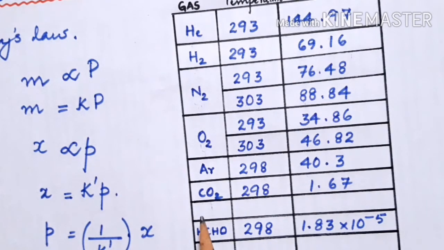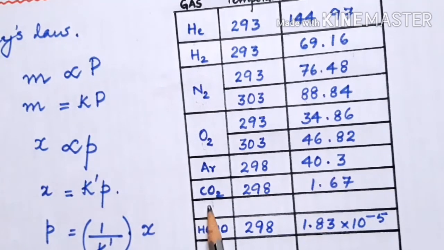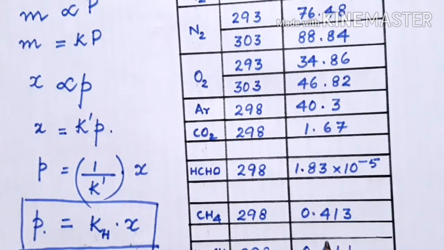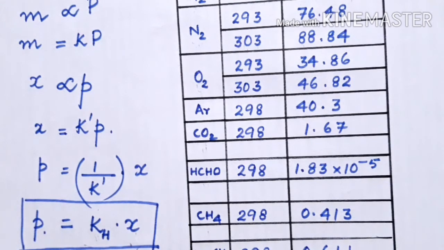Now take the case with the gases carbon dioxide, formaldehyde, methane and vinyl chloride. Here you find that the KH values are relatively low, that means the solubility is much high. These gases dissolve better in water.